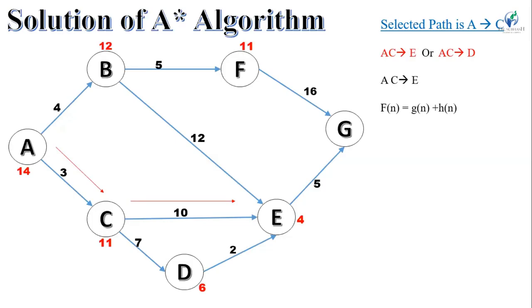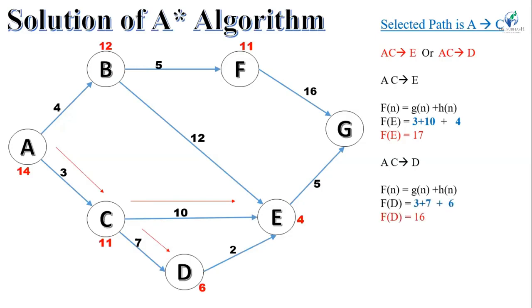Putting that value in the equation, the cost of E is 17. Similarly, we find the cost of D. The actual cost to reach node D is 3 plus 7, equal to 10, and the heuristic value of D is 6. Applying these values in the equation, the cost of D is 16.